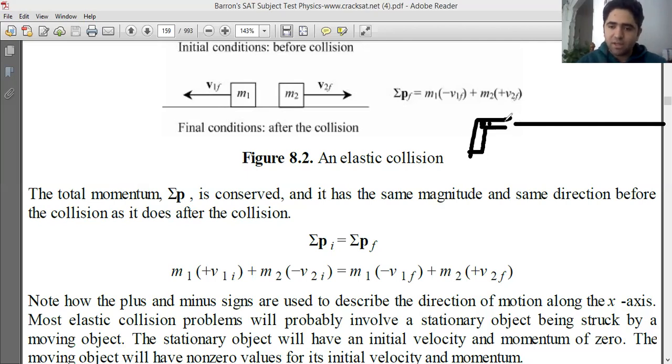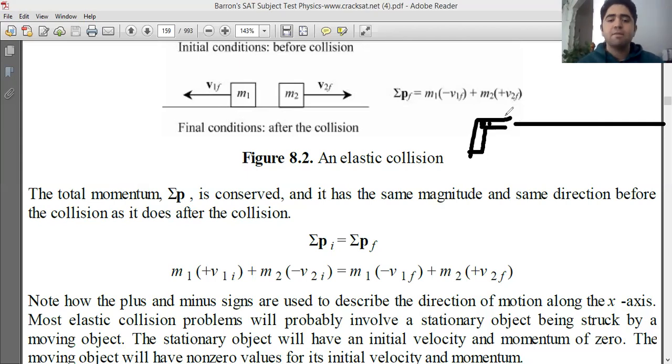The mass of the gun. I'm not going to write this. I'm just going to say it, and I need you to do this with your pen. The mass of the gun times the velocity of the gun before the collision. So that is 0. The gun has mass, but the velocity is 0. So mass times 0 is 0.